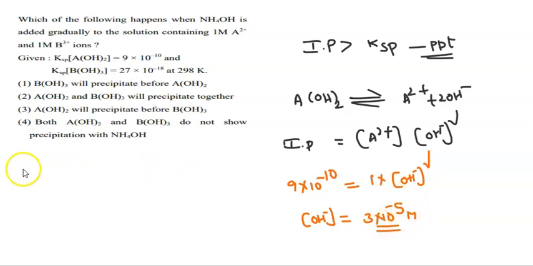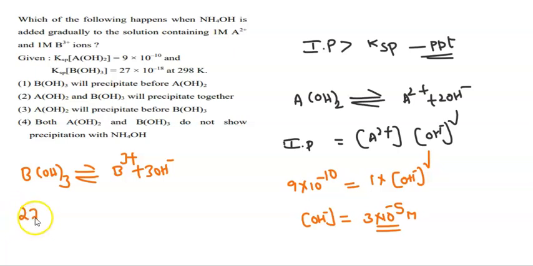In a similar way, you have to find for B(OH)3 also, which dissociates as B3+ and 3OH minus ions. So 27 into 10 to the power of minus 18 is equal to the concentration of B3+, which is 1, and the concentration of OH minus whole cube.